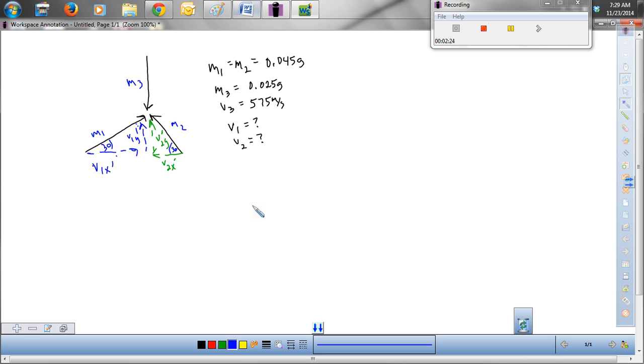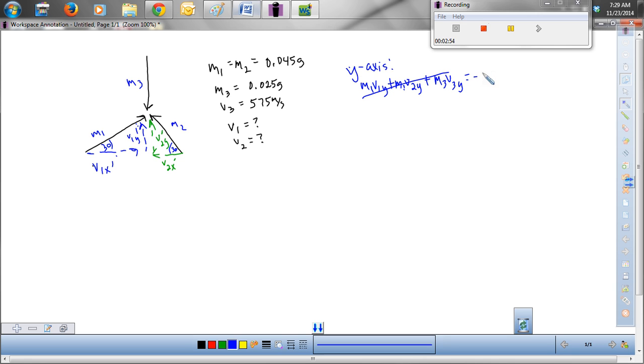Alright, so let's see what we can do. Well, we have on the y-axis M1 B1 y plus M2 B2 y plus M3 B3 y equals, alright, so that whole side will be 0 because they haven't shot the bullet yet.